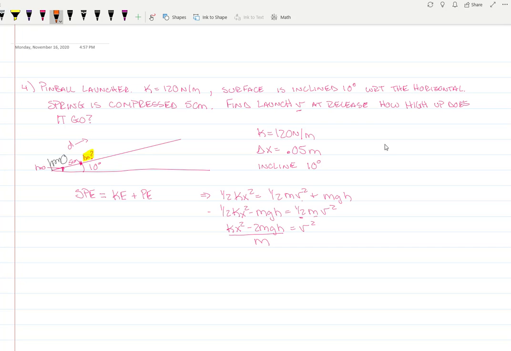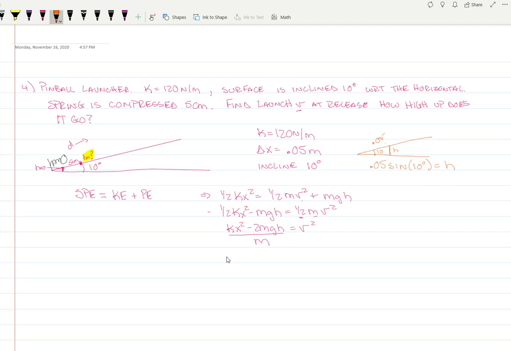So let's simplify that and remember that that 10-degree incline is still just 10 degrees. I've just moved where I've defined 0. So I have 10 degrees here, and I want h, and I know that this is 0.05. Sine is opposite over hypotenuse, so 0.05 times sine of 10 degrees will equal my h.